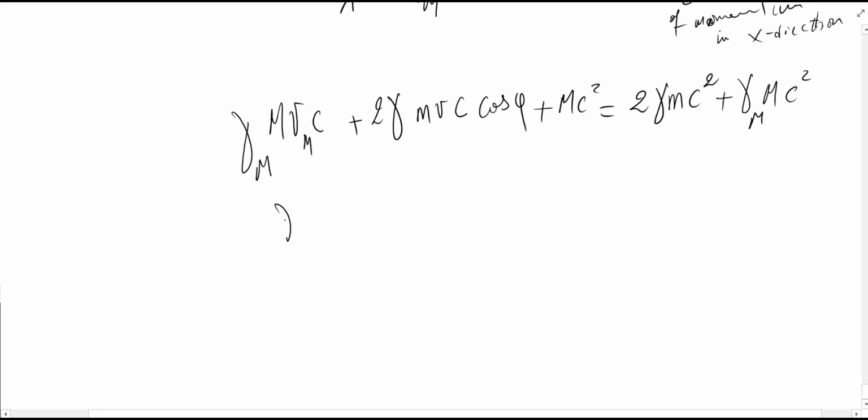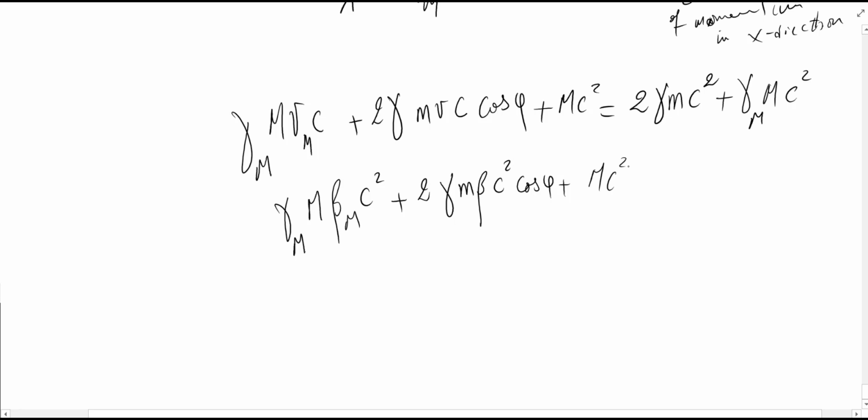So this looks like gamma m beta m c squared plus 2 gamma m beta c squared cosine of phi, because there is a c in here, plus Mc squared is equal to 2 gamma mc squared plus gamma Mc squared. The reason I did that is because I want to get rid of the speed of light in this entire expression.